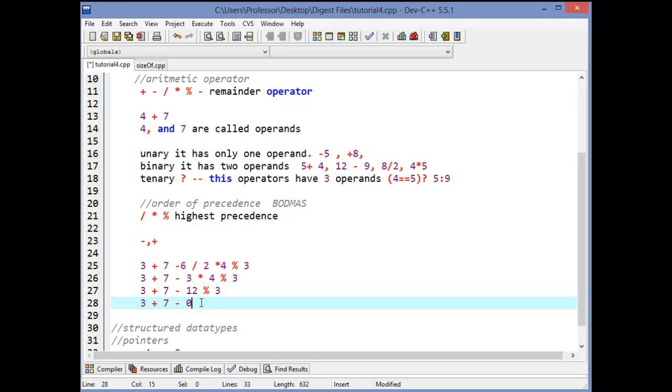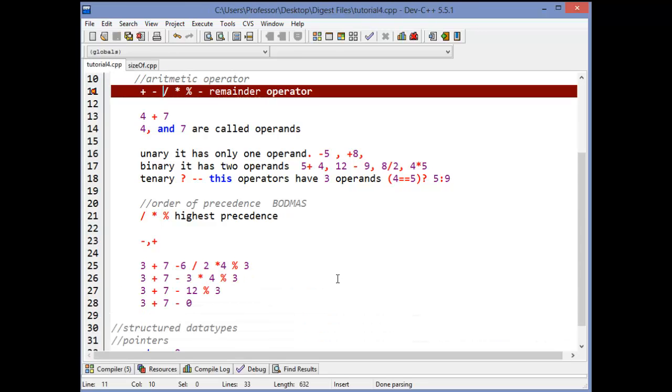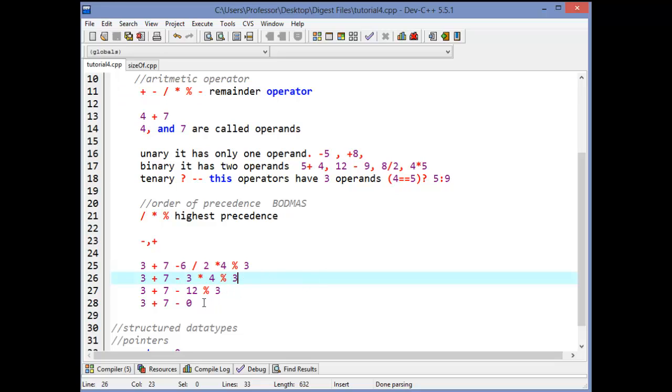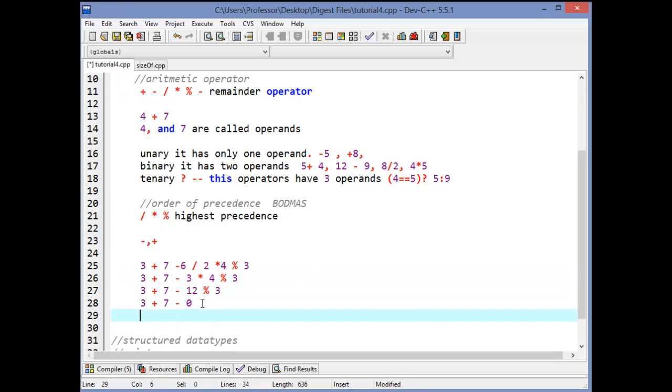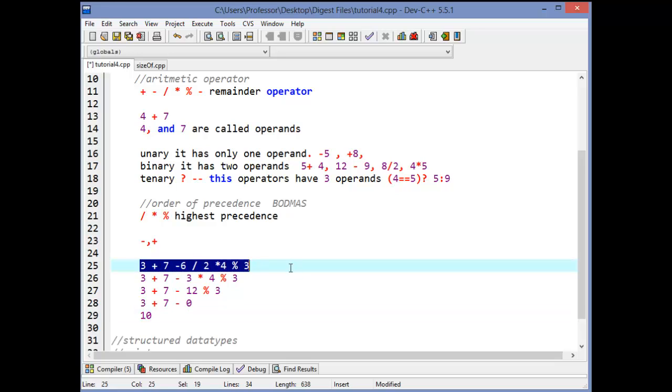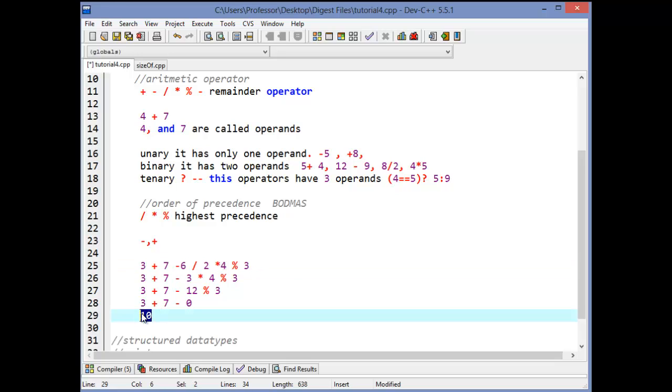So that will give us a 0 over here. Then finally we evaluate our positive and negative. So we have 3 plus 7 minus 0, which will give us what? 10. So if C++ should solve this, this is the answer that it will produce. Is that okay?